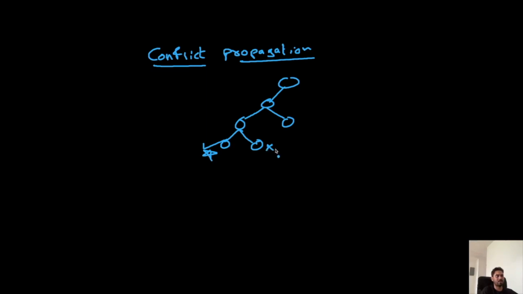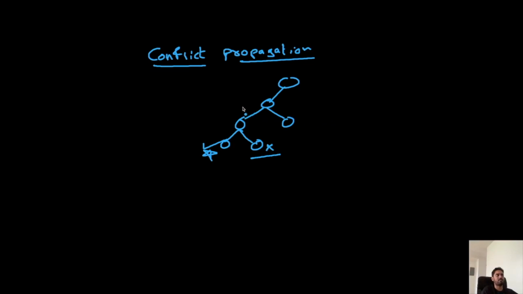So all of these are cases of conflicts, and in those cases what we can do is try to learn from this conflict, right? Sometimes a series of small explanations can help us reduce the size of the tree.